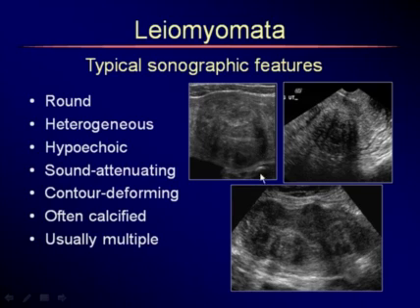It's a round mass, heterogeneous, usually hypoechoic relative to myometrium. It tends to attenuate sound to the point of shadowing. It deforms the contour of the uterus, here in this case, lumpy, bumpy contour. Often they calcify, and usually they are multiple. Think of it as misery loves company.